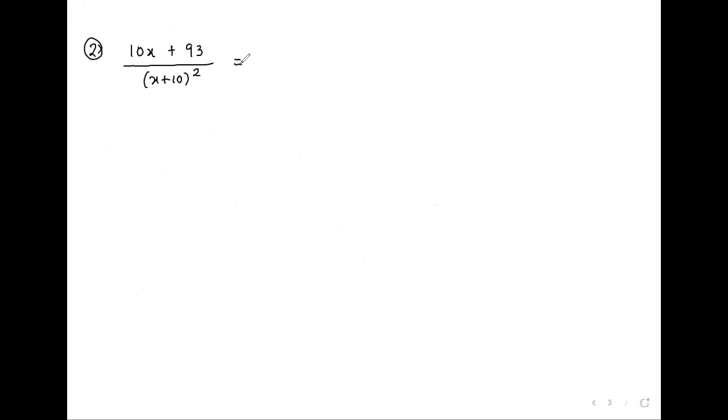So we go straight and say A over (x plus 10) plus B over (x plus 10) squared. The power of x is 1 inside, but then it is squared, meaning it's repeating.